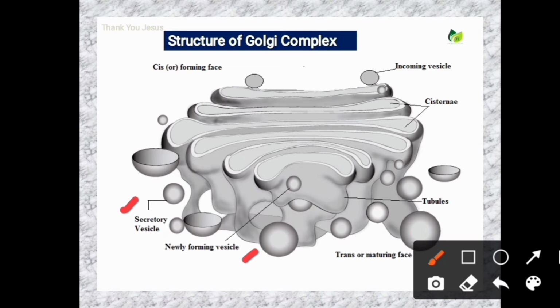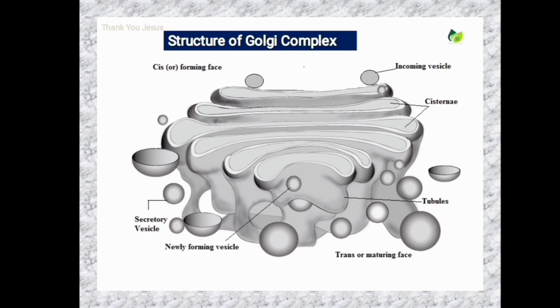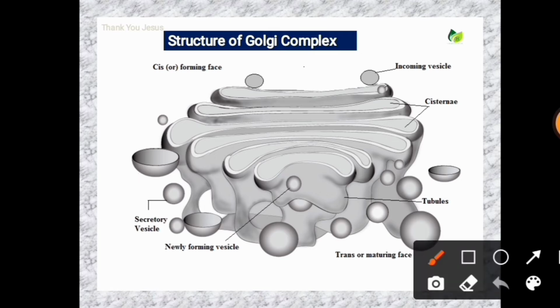Next coming to the vesicles. These are small sac-like structures that arise from the distal end of the cisternae. They may be called secretory vesicles.